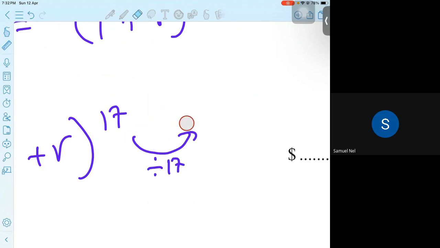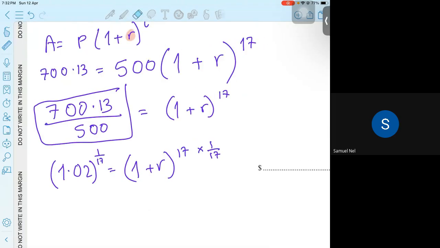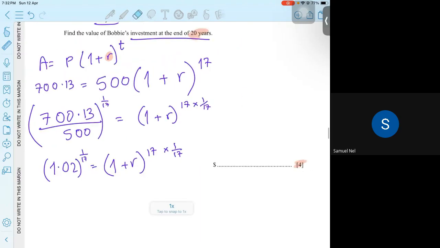So I have to introduce a power to both sides, basically like this and this. Do any of you have any questions with this? I'm sorry, I made a mistake here. My bad. I should have done this in the earlier step. This was 1 over 17, and this was 1 over 17. I got lost. Do any of you have a question with that?